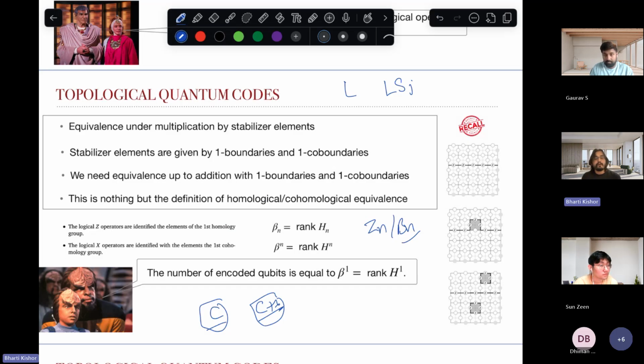So the logical Z operators are identified by elements of the first homology group, and X operators are identified with elements of the first cohomology group. The number of logical X and Z operators gives you the number of encoded qubits. So the number of encoded qubits is nothing but the rank of the first homology group.